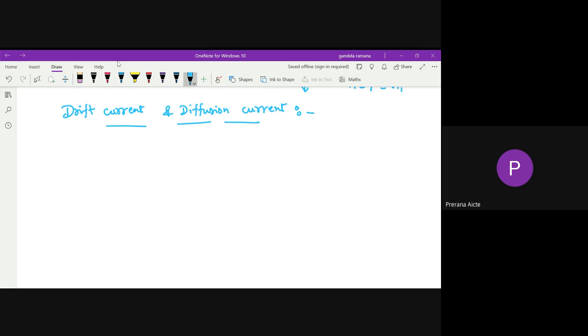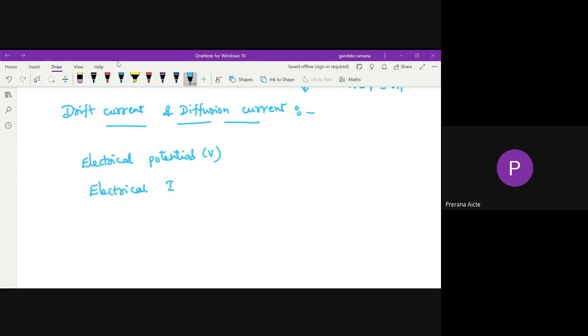Before going into the discussion of drift current and diffusion current, we must know the definitions of electrical potential and electrical intensity. Only then are we able to understand the drift current. So what are the definitions? Electrical potential V, and in the same way, electrical intensity E.